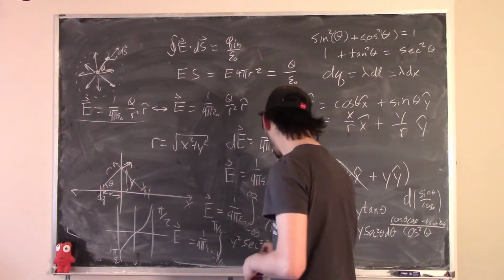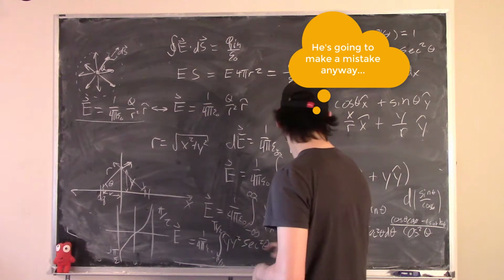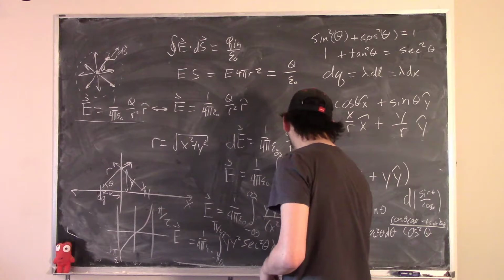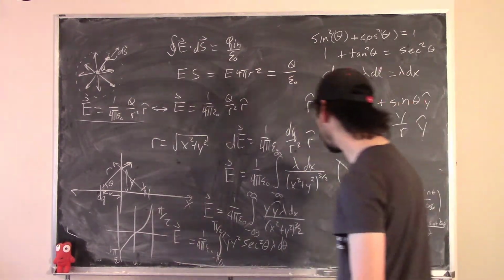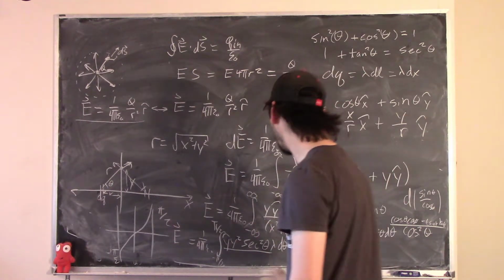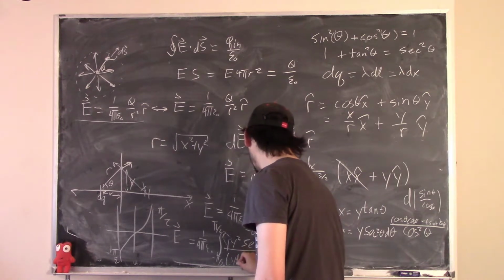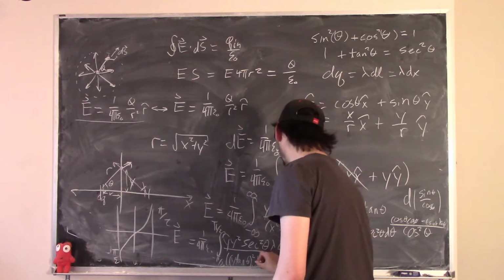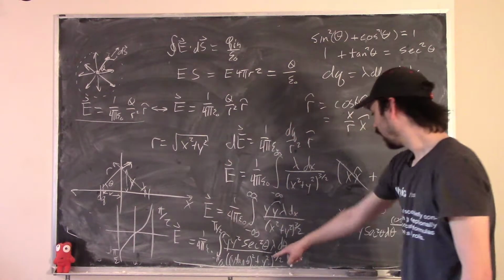I want to take my time here and make sure I don't make any mistakes. So this is a y hat, y squared, secant squared theta, lambda, d theta, divided by, and you'll see why I made this substitution in just a moment. So when I divide this by the denominator here, I'm going to have a y tangent of theta quantity squared plus y squared to the 3/2, okay?